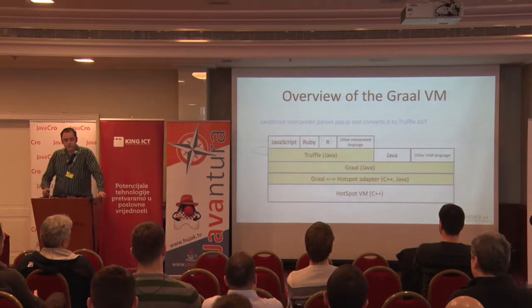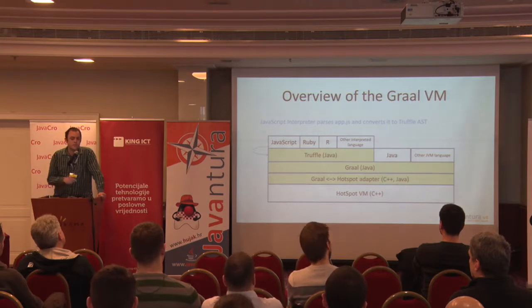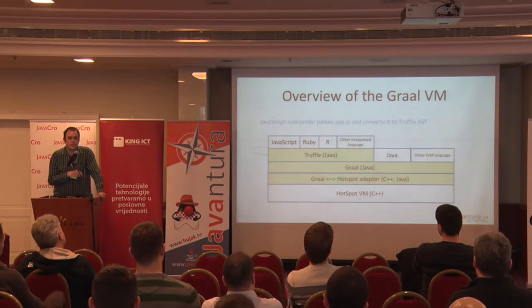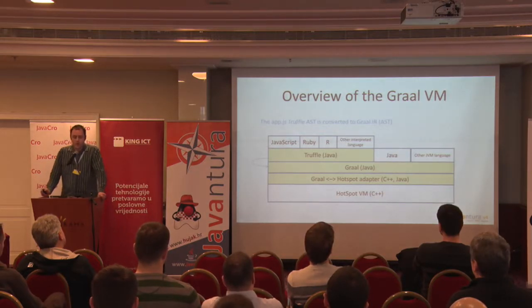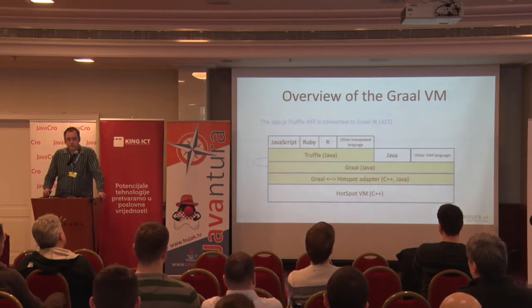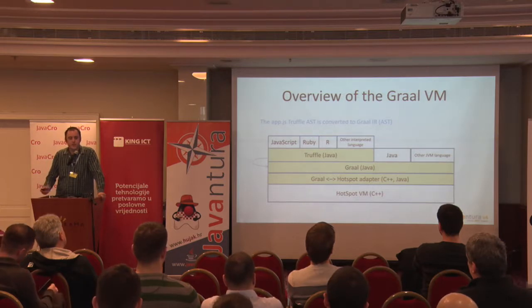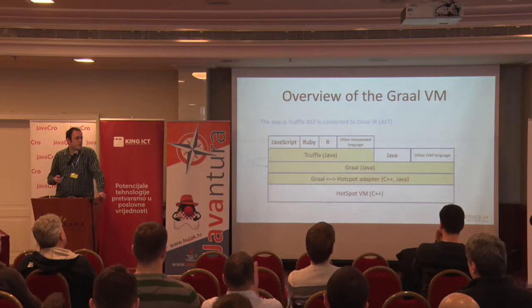So when you write the JavaScript interpreter, it parses the JavaScript file that you pass to it and converts it to an intermediate representation, which is an abstract syntax tree that's represented in bytecode. When that abstract syntax tree representation of your source code is provided by the Truffle API at compile time, it is further converted to a more convenient form, which is a graph intermediate representation, which is another form of an abstract syntax tree.